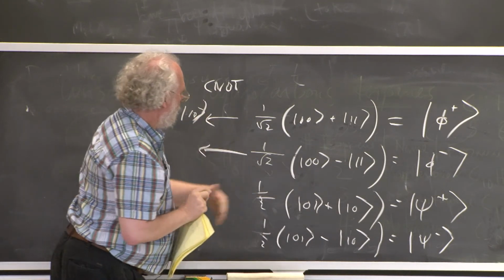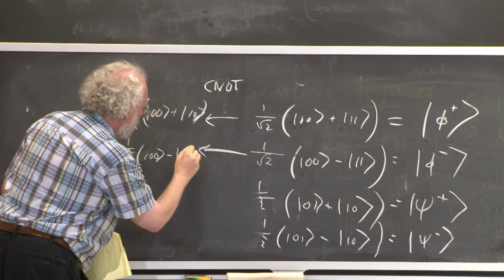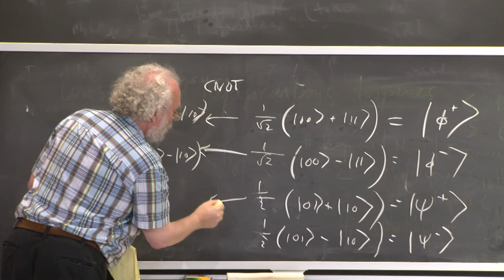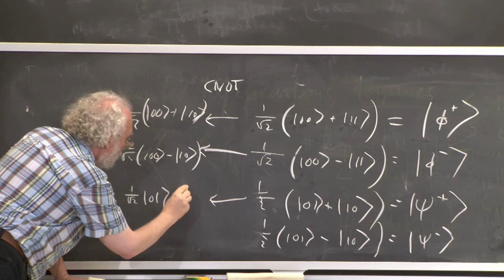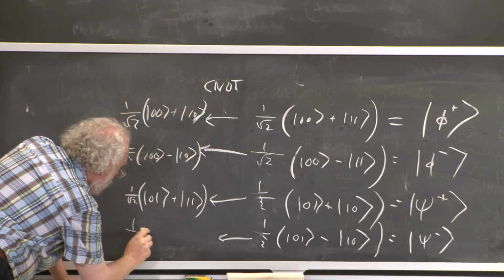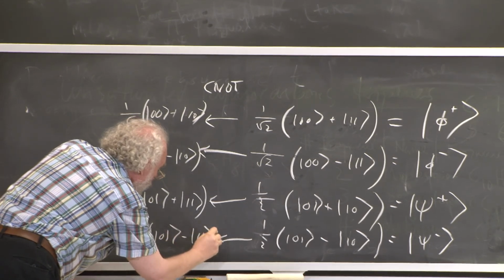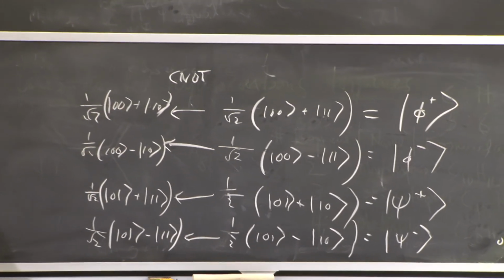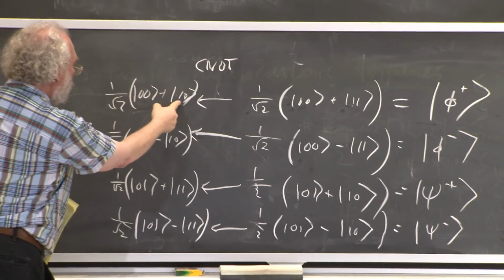This is 0, 0 minus 1, 0. This is 0, 1 plus 1, 1. And this is 0, 1 minus 1, 1. But now we can rewrite these states because they're separable. So this is just plus times 0.